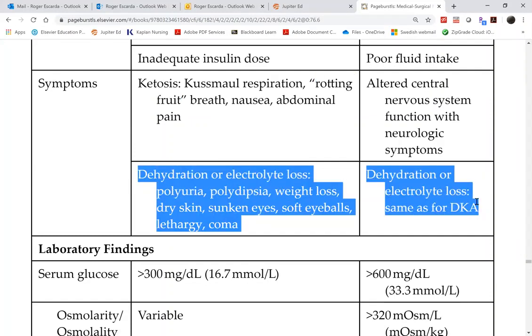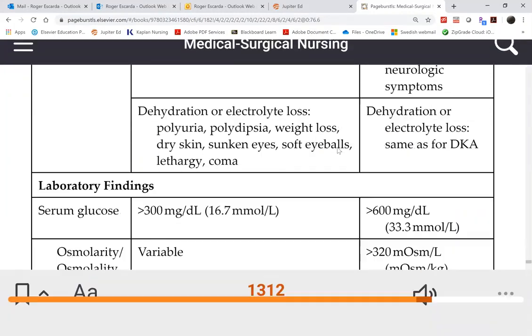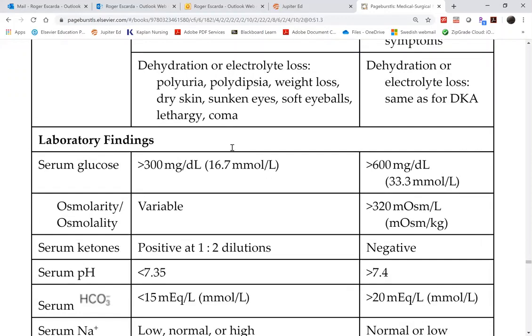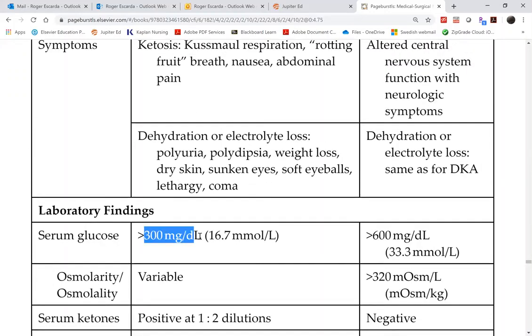Both cases, though, are severely dehydrated. However, if you look at the level of blood glucose, DKA starts at 300. Other textbooks say it starts at 250. Look at HHS. It doesn't start until 600. And we're talking about osmotic diuresis here.